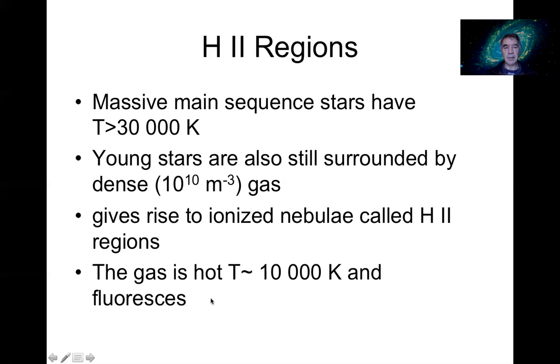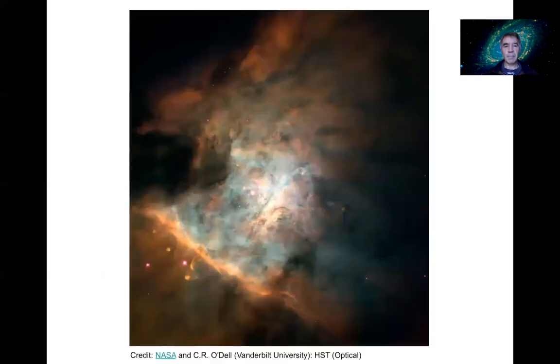Well, basically, hot gas is the kind of thing that you have in a typical fluorescent tube, possibly above your head right now. And so hot gas tends to fluoresce, which is the process by which hot gases emit radiation, in particular in the optical spectrum. So let's see a picture of one.